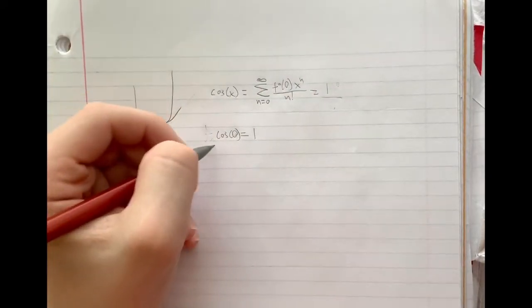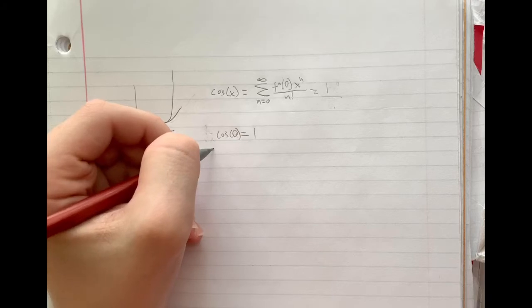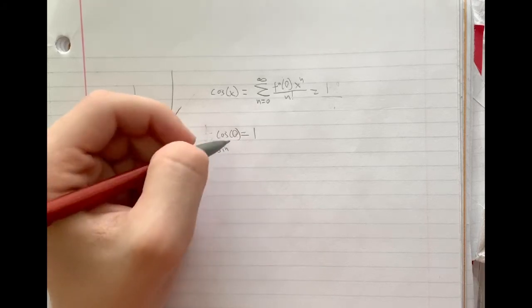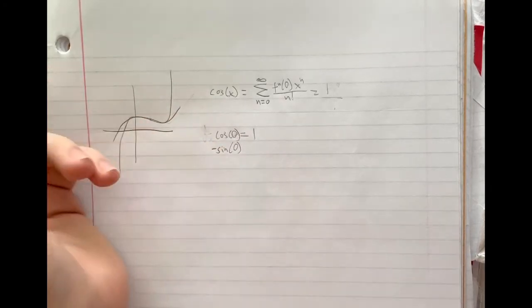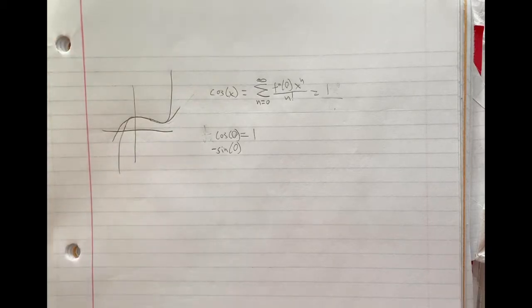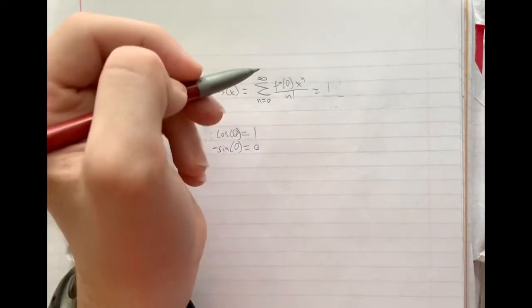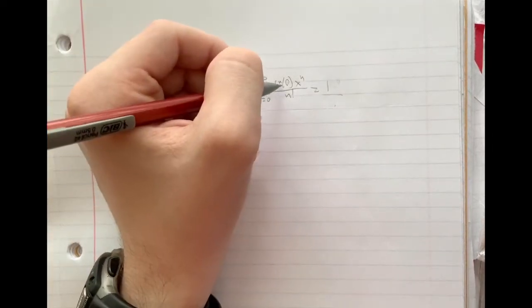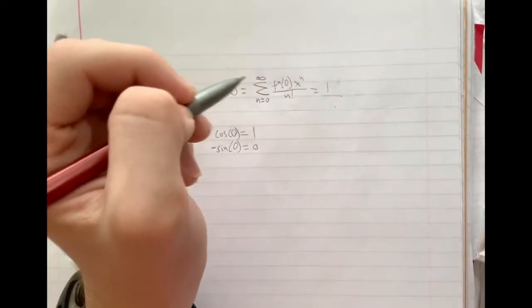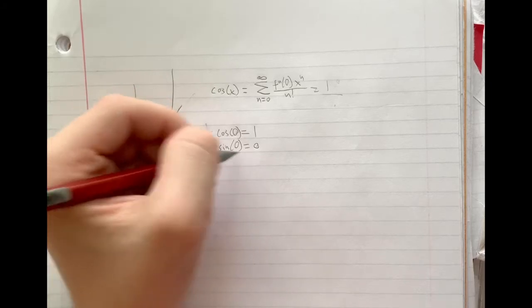Now, let's take the derivative. The derivative of cosine, as I'm sure you're aware, is negative sine. So what's negative sine of 0? Well, sine of 0 is 0, therefore negative sine of 0 will also be 0. So we get 0. That means our second term, the coefficient, is going to be 0, so we don't have to worry about it. All right, let's take the derivative of this.